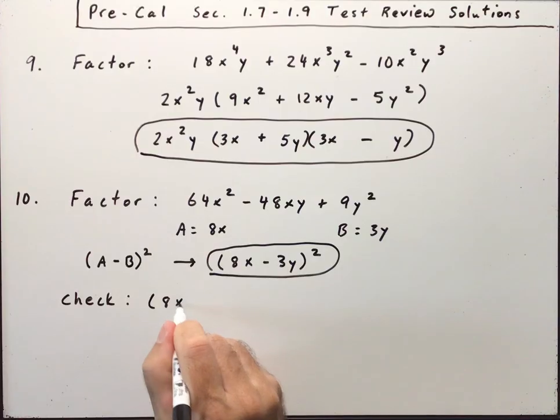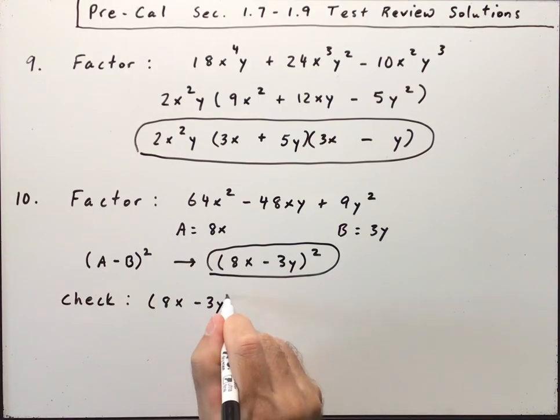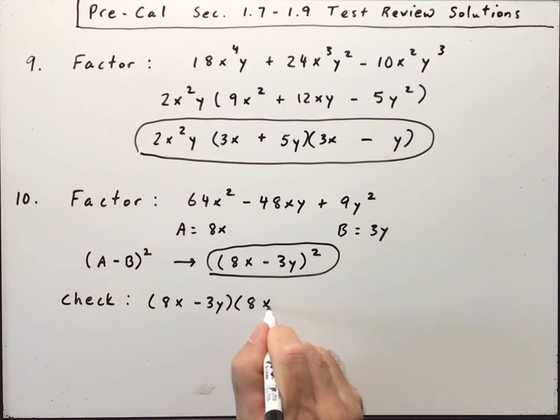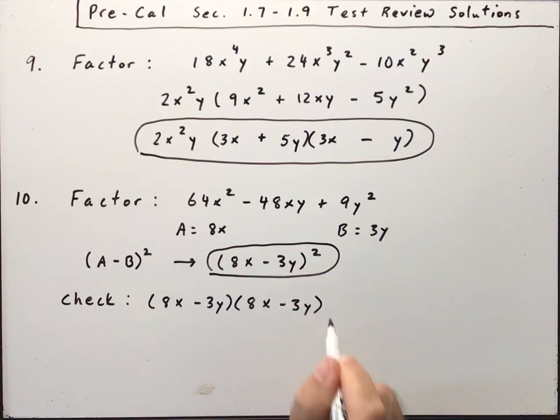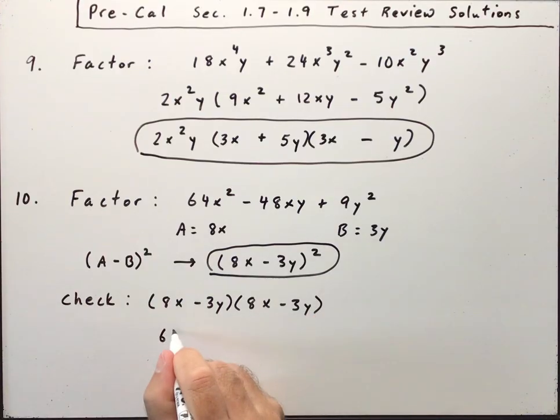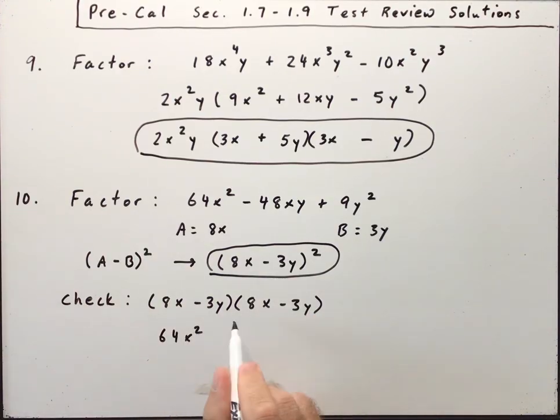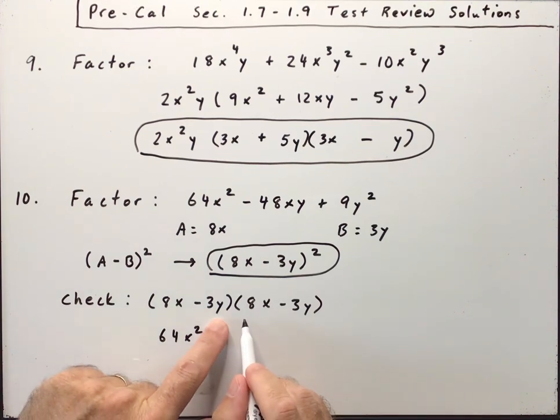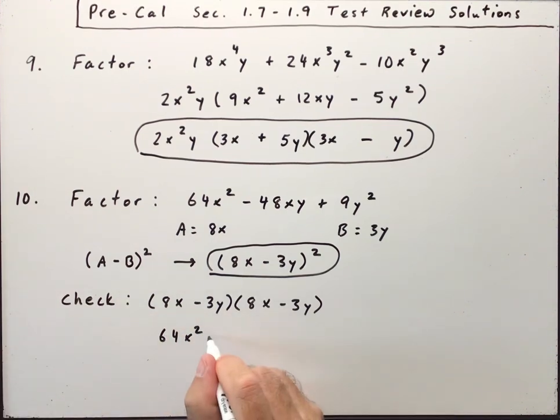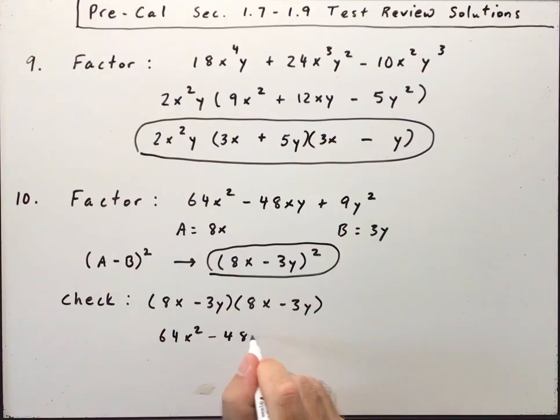We're going to FOIL that back out. And if you do that, you'd get 64x squared minus 24xy, another minus 24xy, so that'd be minus 48xy, and then plus 9y squared.